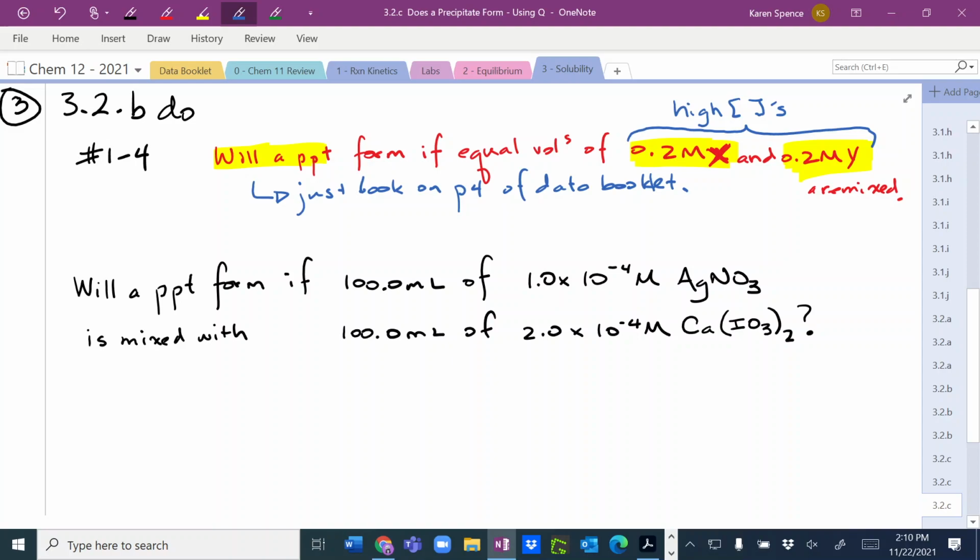Look at the data booklet. Are our concentrations high? No, they are not. So we cannot simply use page 4. These are low concentrations. Can't just use page 4.